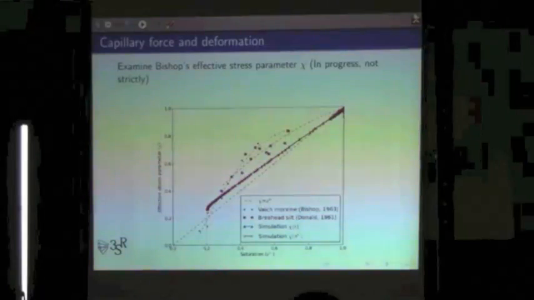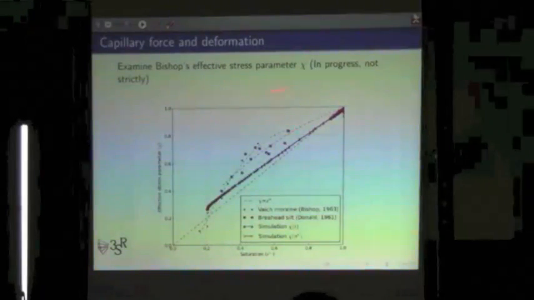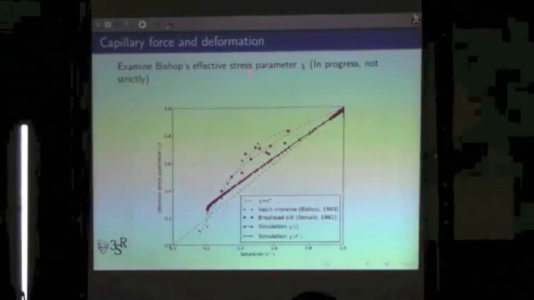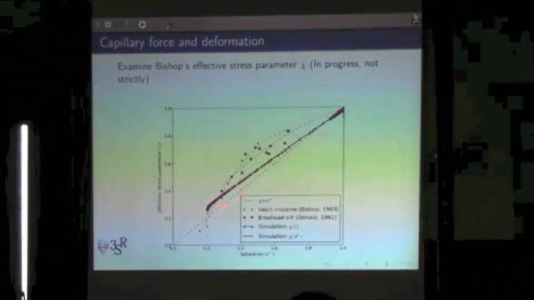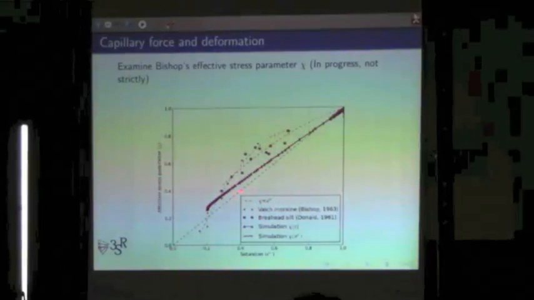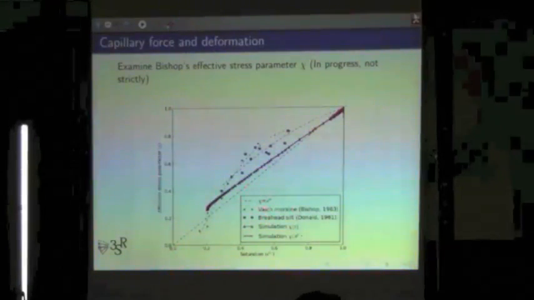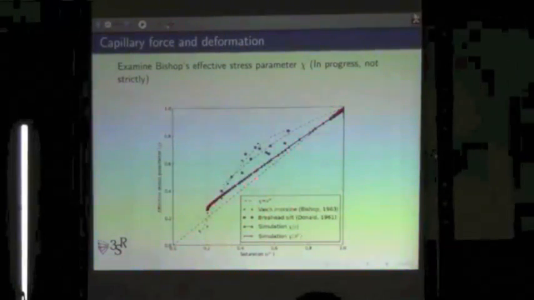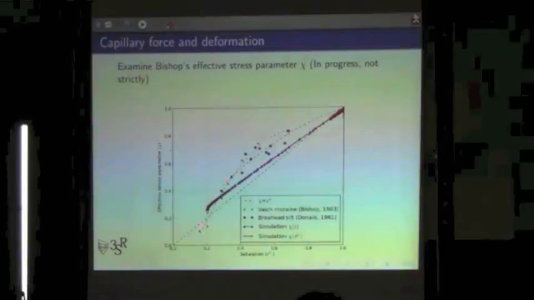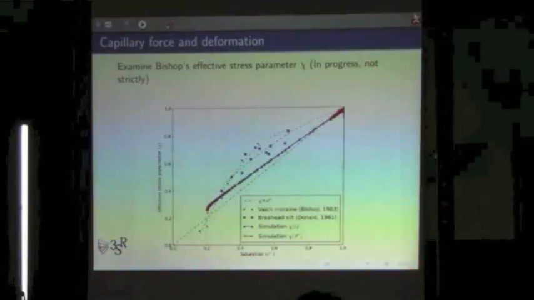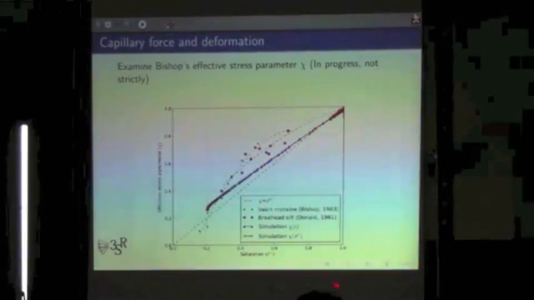here we do an experiment. Since they are in progress, that's why I changed my title, that we examine the Bishop effective stress parameter. The dashed straight line is the chi equals SW curve, and the dashed lines with points are my estimation results. We get the chi in two ways, from a micro scale and a macro scale.